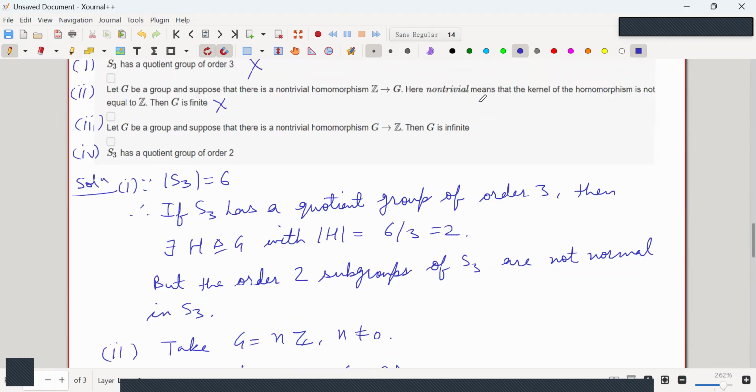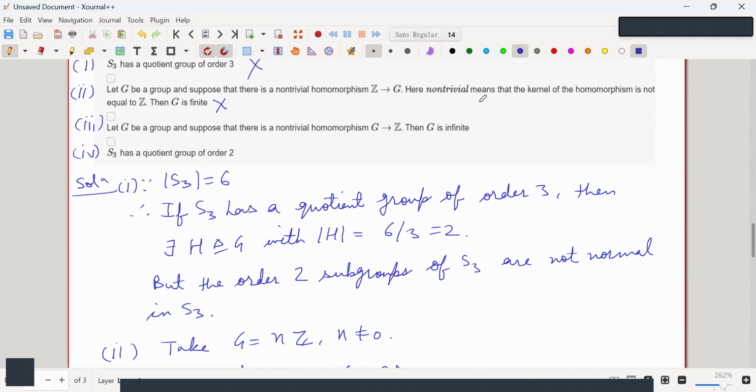No, it doesn't say that the homomorphism is surjective. But if 1 is mapping to 1, then the homomorphism has to be surjective, because the element n will have the pre-image phi of a raised to n. But we can have even non-surjective, non-trivial homomorphisms.